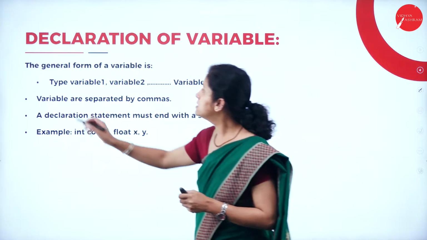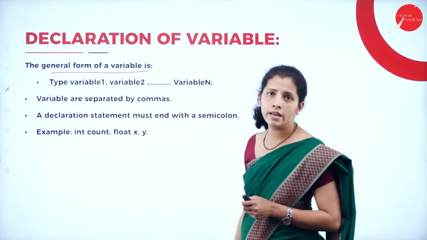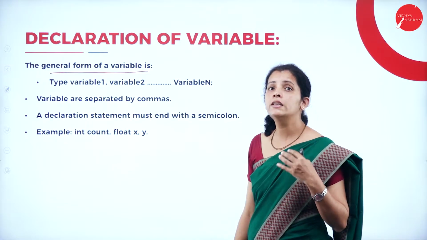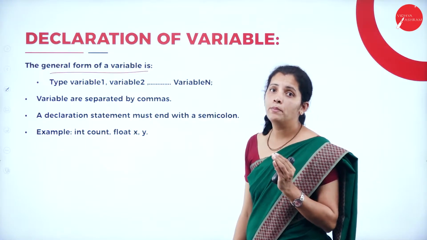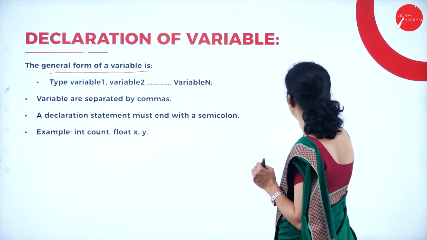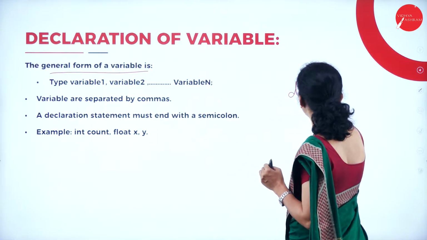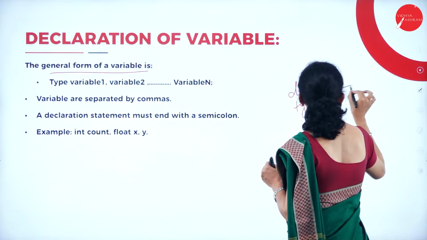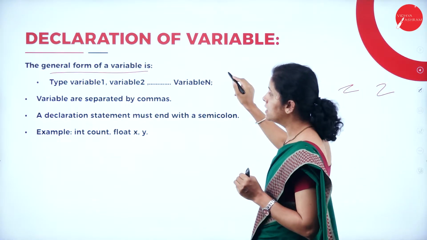Now, the general form of a variable. So, what is a variable? That is the name given to the memory location. Now, how to define the variable? First, I'm going to have the data type. Then, I'm going to specify the variable name.